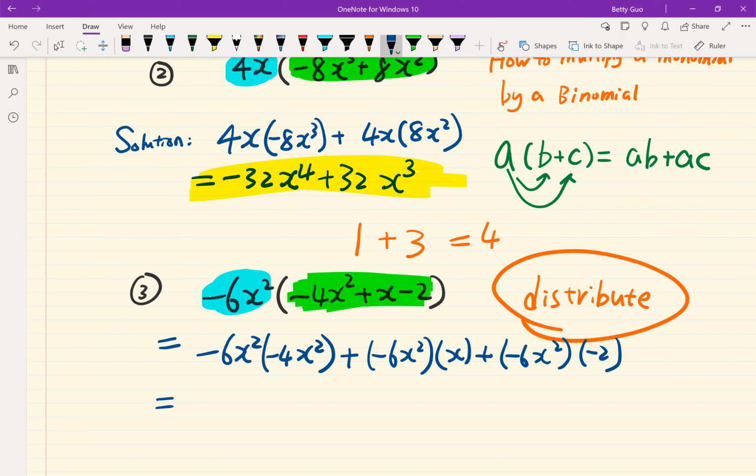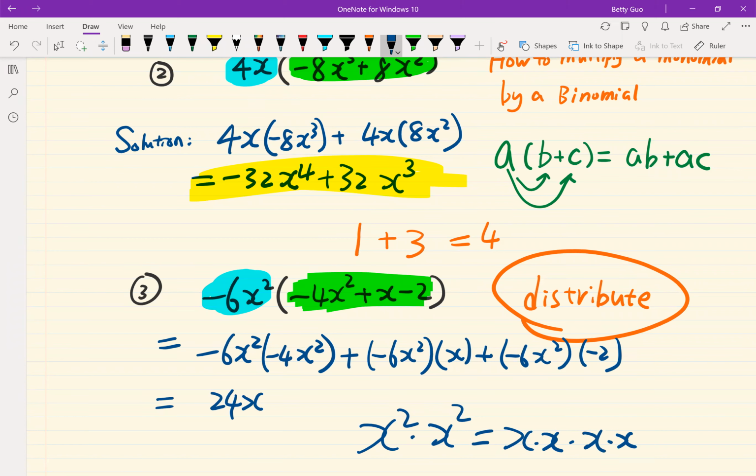The first part, two monomials multiplied together. -6 times -4 is positive 24, right? X squared times x squared. This way you see it better. By the product rule, we have used the product rule a few times today, x squared is two x's, and x squared is another two x's multiplied together.